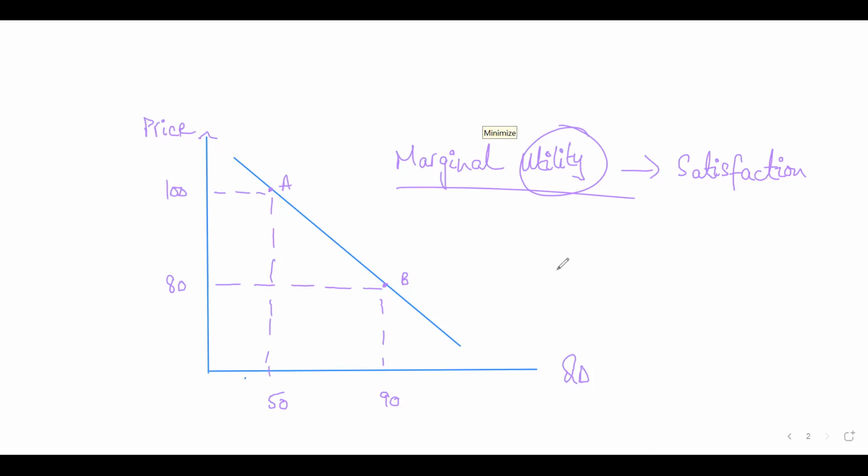Total satisfaction will increase. Now, students, that's a good question. So someone is saying the more you consume, the less satisfaction you get. No, no, no. Now, here's the thing. This might be a little tricky, but let me explain, right? Total utility is different from marginal utility. Total utility means the total satisfaction that you get from a certain thing.